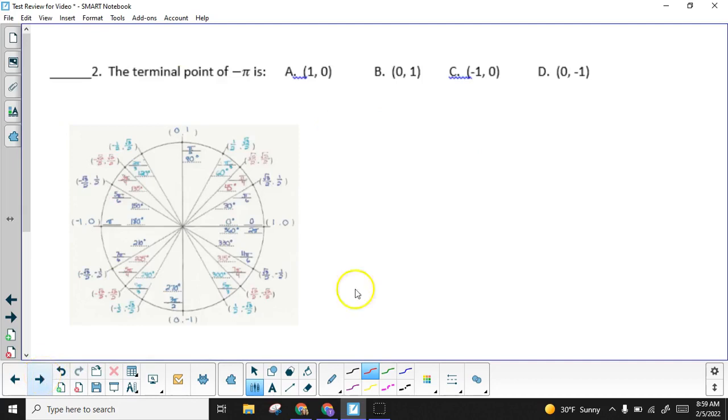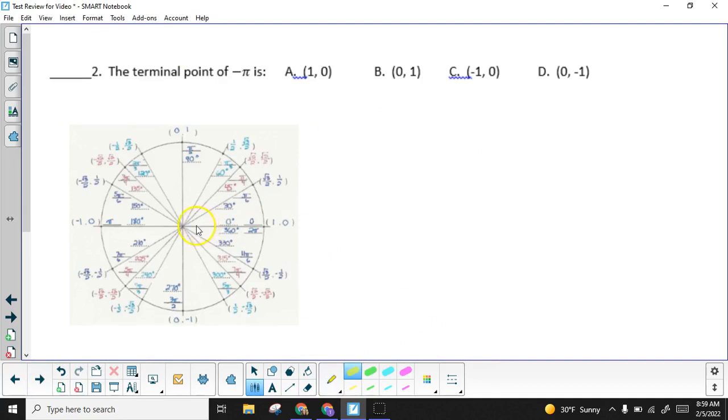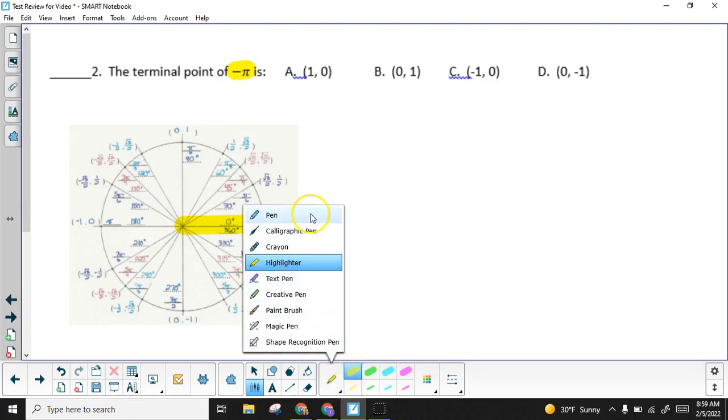Number 2, the terminal point of negative pi. Okay, so for negative pi, again, we always start with our initial side here on the positive x-axis, but since this is negative, it means that instead of going in a counterclockwise direction, we will go clockwise.